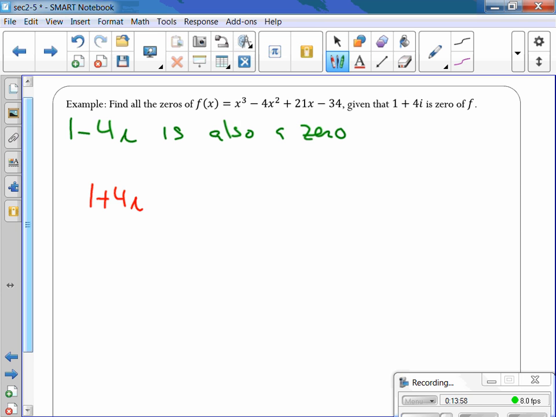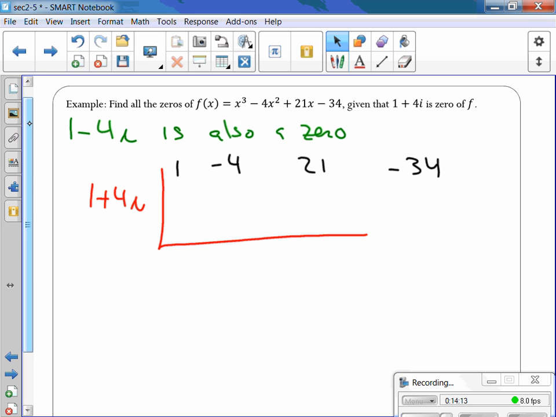My leading coefficient, 1, negative 4. Need some room, 21. Need some room, negative 34. Drop down to 1.